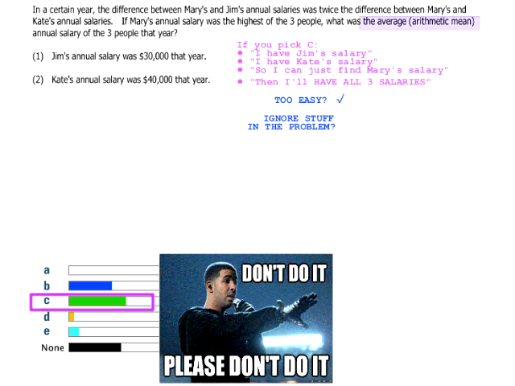This is going to sound really obvious, but if they ask you about the average, then you better have to think about the average. And in stronger terms, if you don't have to think about the average, you are definitely going to get this problem wrong. If you don't have to think about this, your answer is wrong. Period. End of story.